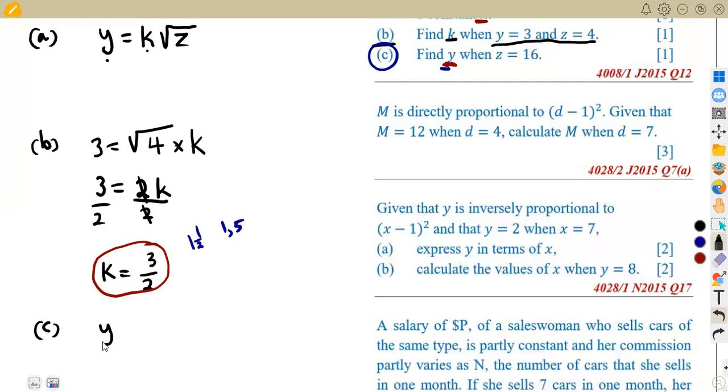So Y is equal to, first substitute the constant, our constant is 3 over 2, times the square root of Z.